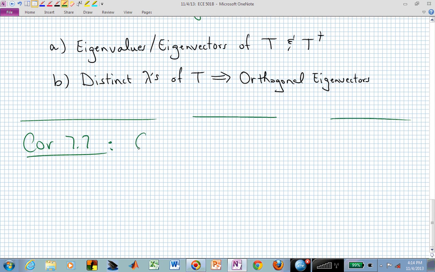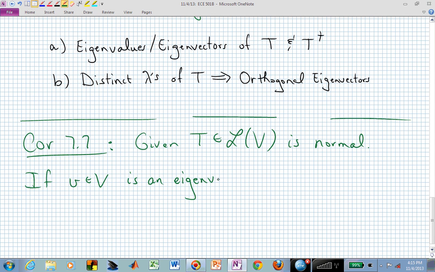In corollary 7.7, it says, given T, a linear operator on a vector space V that's normal. Now if we take a vector V in that vector space that's an eigenvector of that linear map T, and it's actually an operator, isn't it?